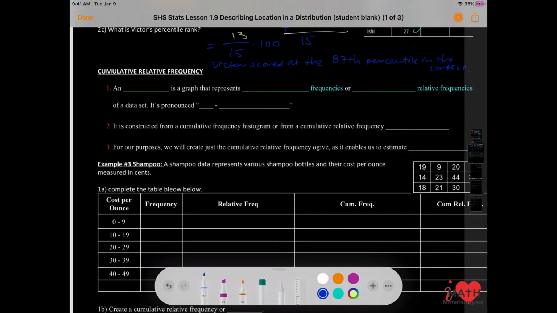All right, let's go over this one, which talks about cumulative relative frequency.